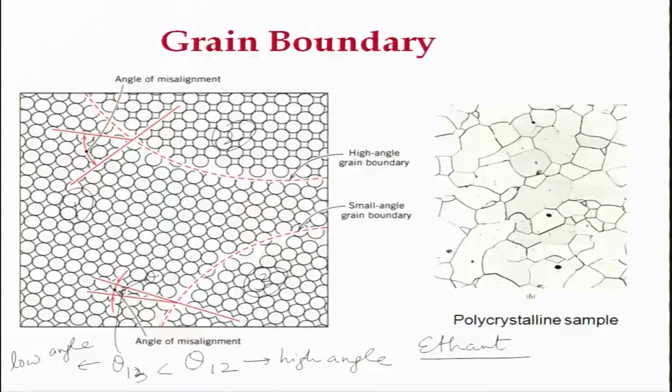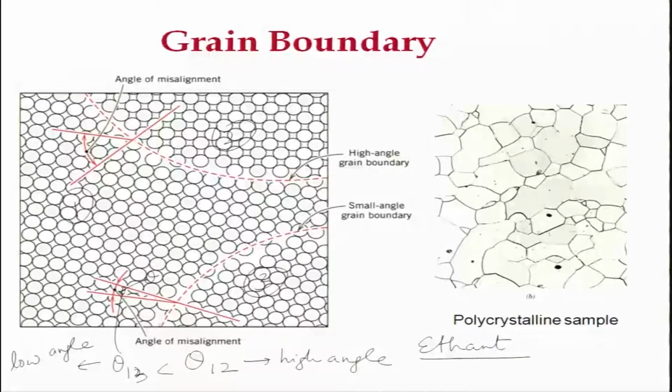So, it gets etched preferentially as compared to the grain. So, when you subject it to optical microscopy, the light gets scattered more at the grain boundary than at the grain. So, there is more reflection from the grains than at the grain boundary. As a result, grain boundaries appear darker in comparison to the grain. So, the regions which are dark are the grain boundaries, whereas regions which are bright are the grains.